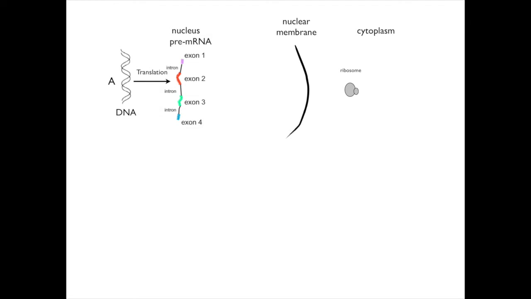Because RNA is synthesized from this DNA, the RNA, called pre-mRNA, also contains the exons as well as the non-coding introns. During the production of the mature mRNA that encodes the protein, the introns are cut out and the exons are spliced together to produce a competent mRNA that is translated in the cytoplasm.